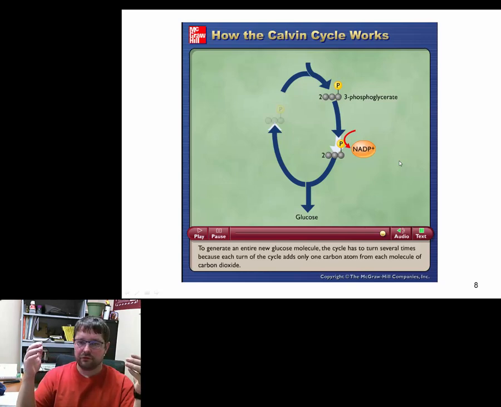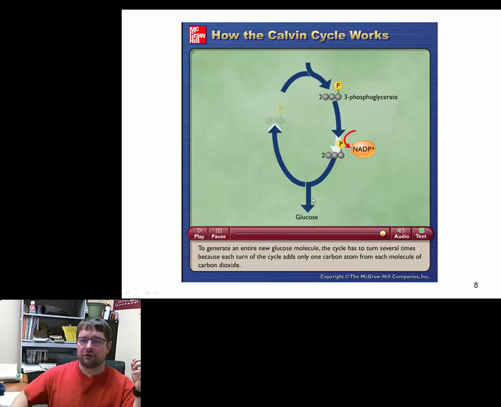Not all plants utilize that much ATP, 9 molecules of ATP. Some use 7, some might use 10, some might use even fewer than that. It just depends on the species of plant, how much energy is needed in order to do this. It also depends on what's going to happen with that molecule. Is glucose being made? Is fructose being made?